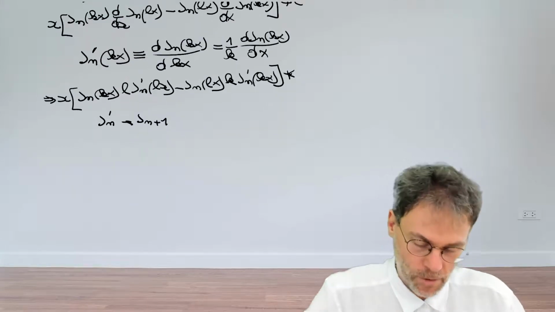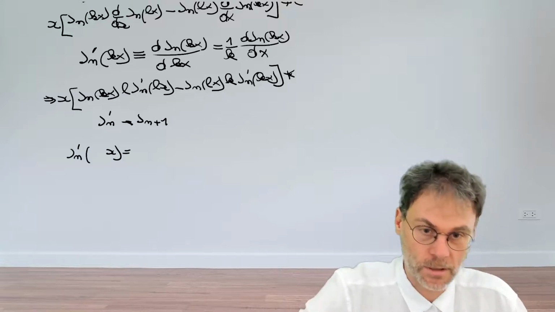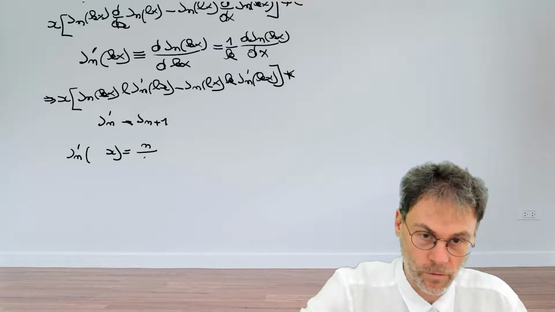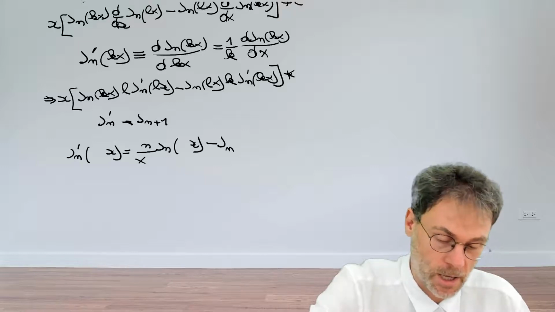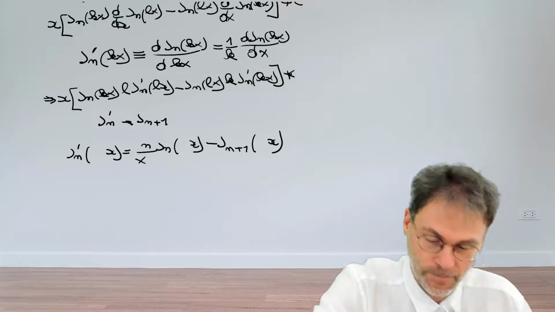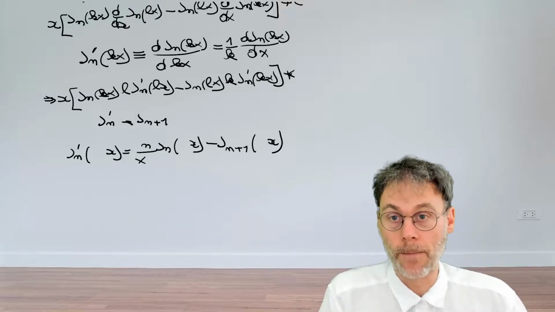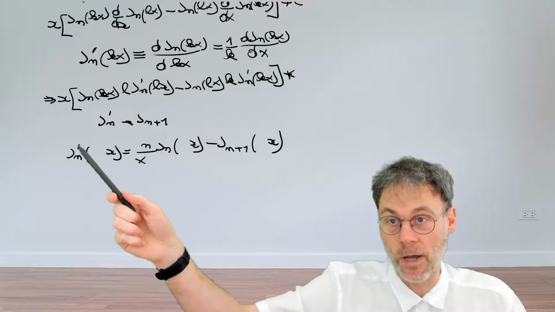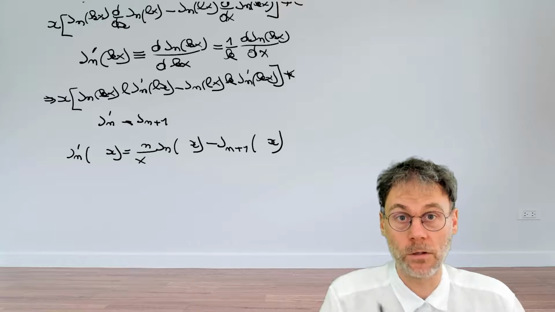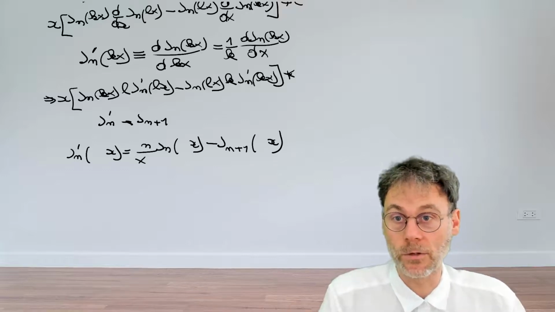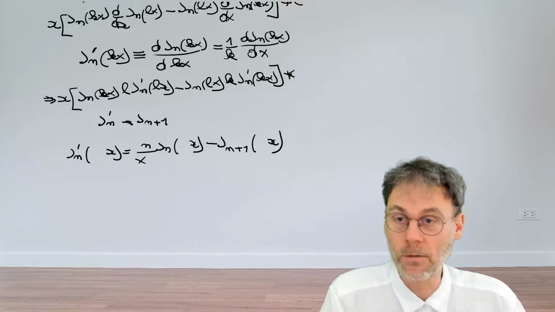So this is a promising recurrence relationship. We have J_n prime of x, and that's going to be equal to n over x J_n(x) minus J_(n+1)(x). So this is something we've derived earlier. Notice again that J_n prime of something denotes derivation with respect to the total argument, irrespective of what that total argument is called. It's a derivation with respect to x or t or k, or tx or kx or any multiple of x.